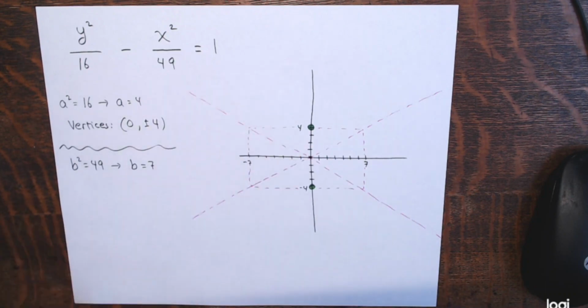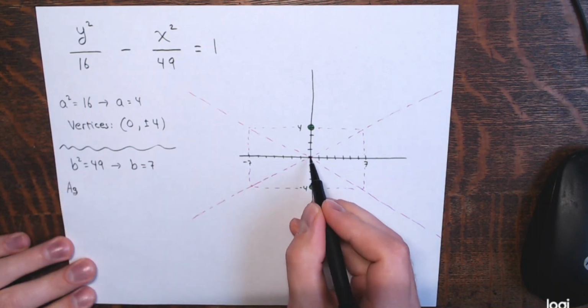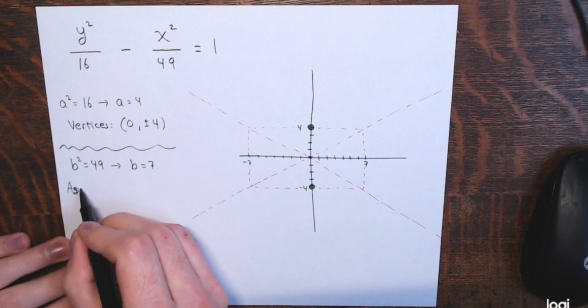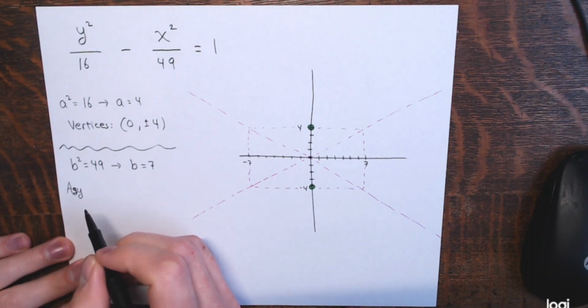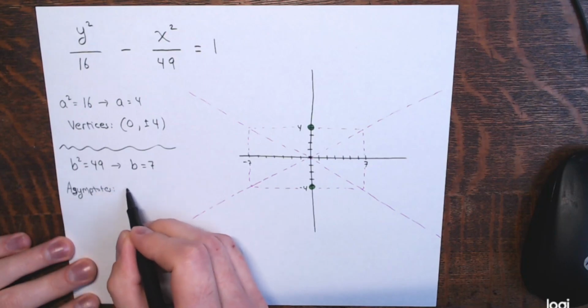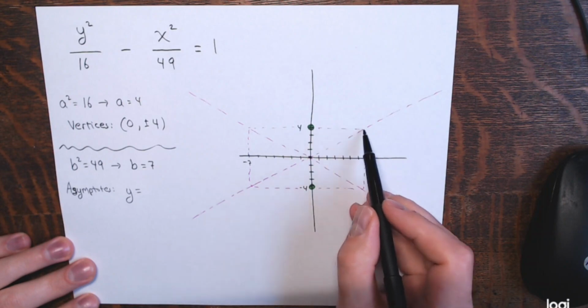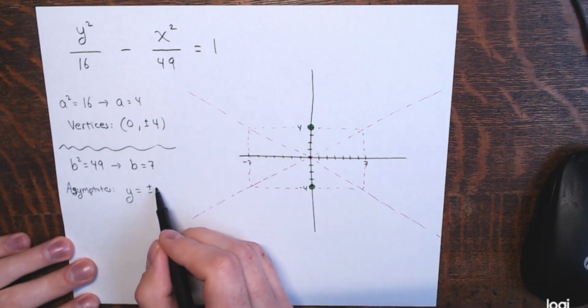So these asymptotes, I can tell you what they are right now. They both run through the origin, so the y-intercept is 0. It's just going to be y equals mx plus 0. When you put the equation down, y equals, this line has a slope of positive 4/7, and then the other line would have a slope of negative 4/7.